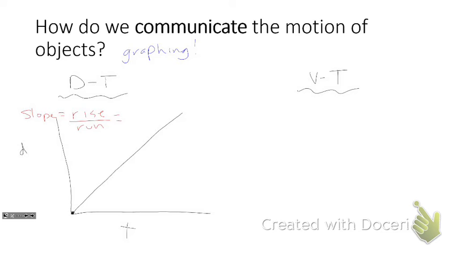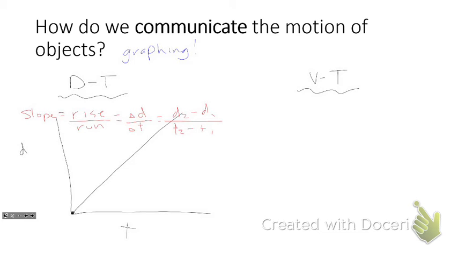Okay, on a displacement time graph, the rise is our displacement. So it's going to be delta D on the rise, and my run is going to be change in time. Okay, because we are graphing, to find the change in displacement or the change in time, it will be the second displacement minus the first displacement divided by the second time minus the first time.